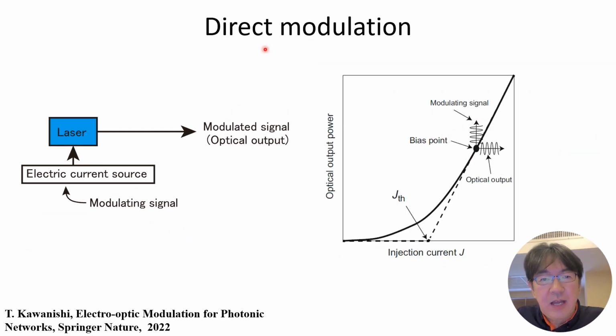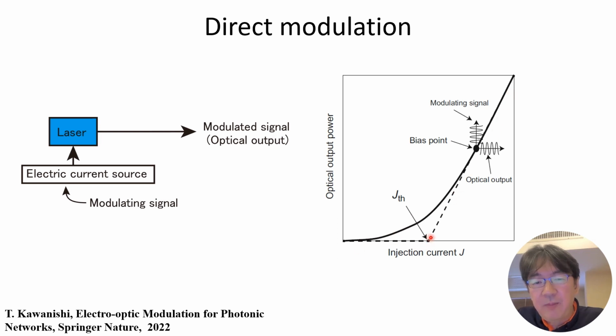As I mentioned, in direct modulation, we control the optical output intensity directly by an injected electric current. This shows the relationship between the optical power and injection current. Here's a simple model, but the actual response will be like this.